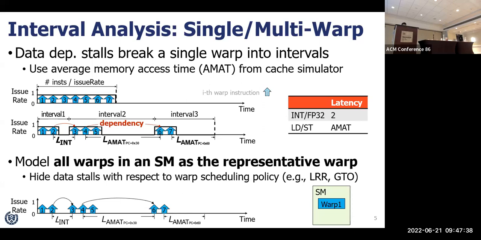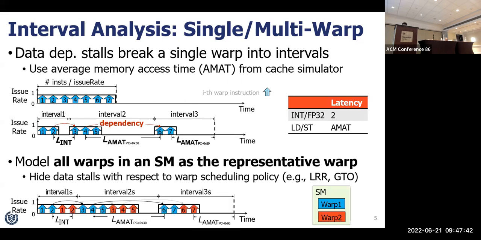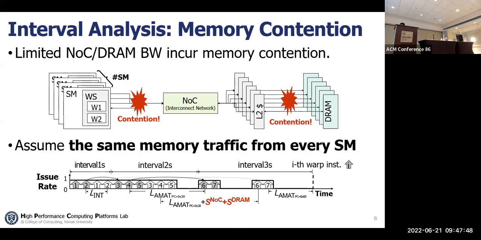Then the model derives the SM execution timeline with multiple warps by the warp scheduling policy, such as greedy-then-oldest. Finally, the memory contention at the interconnect network and DRAM is considered, assuming that all the SMs operate identically. MDM counts the number of cache line requests per interval. Then it quantifies additional stalls by request with the miss ratio from the cache simulator.